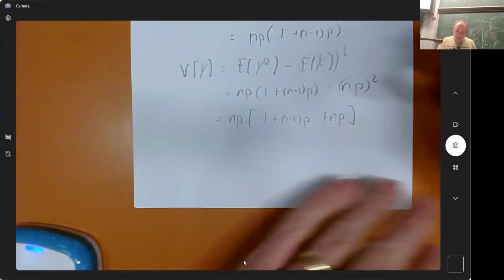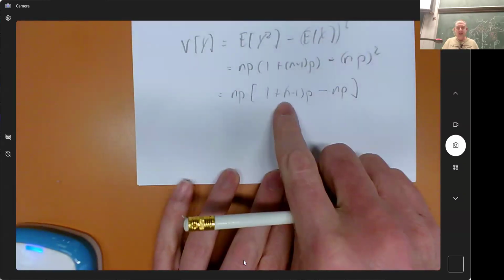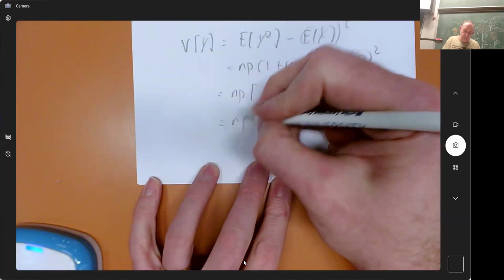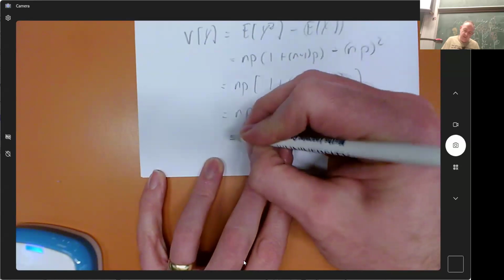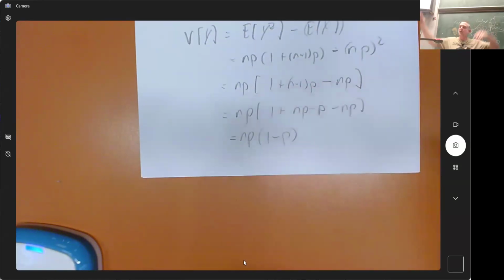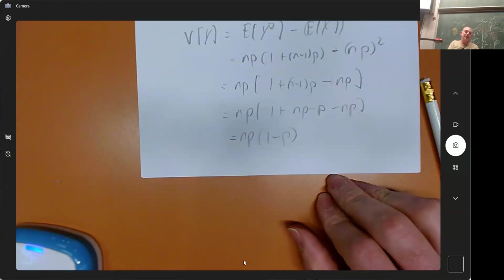Minus np, right? And that's np times (1 plus np minus p minus np), which is np times (1 minus p), which is what it should be. Okay, cool. So we did everything right. We checked one of them and it worked out.